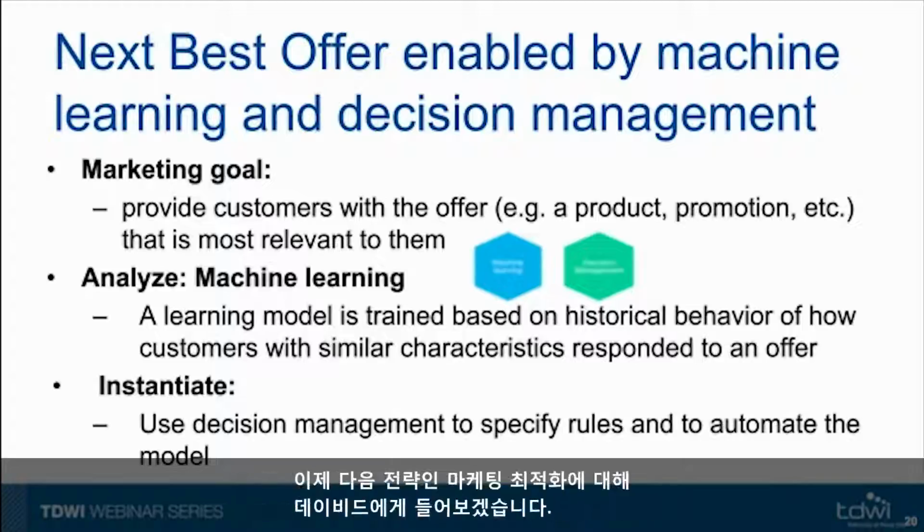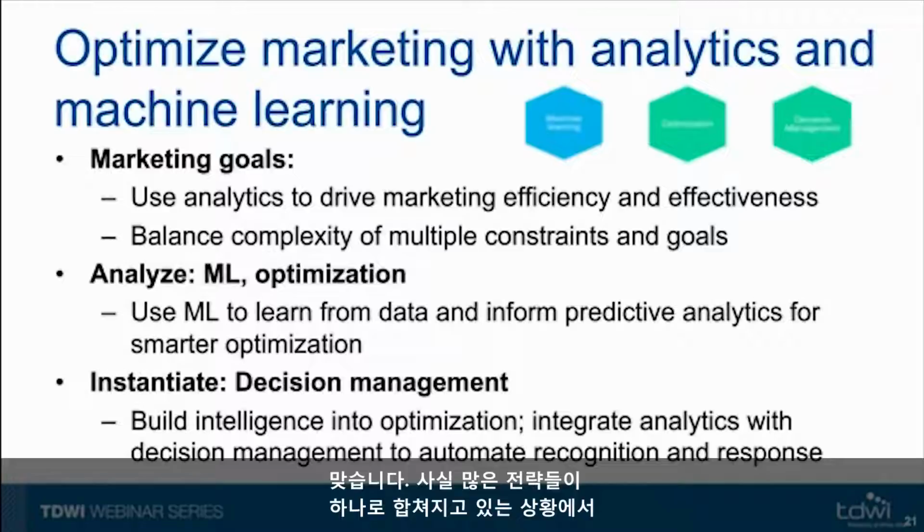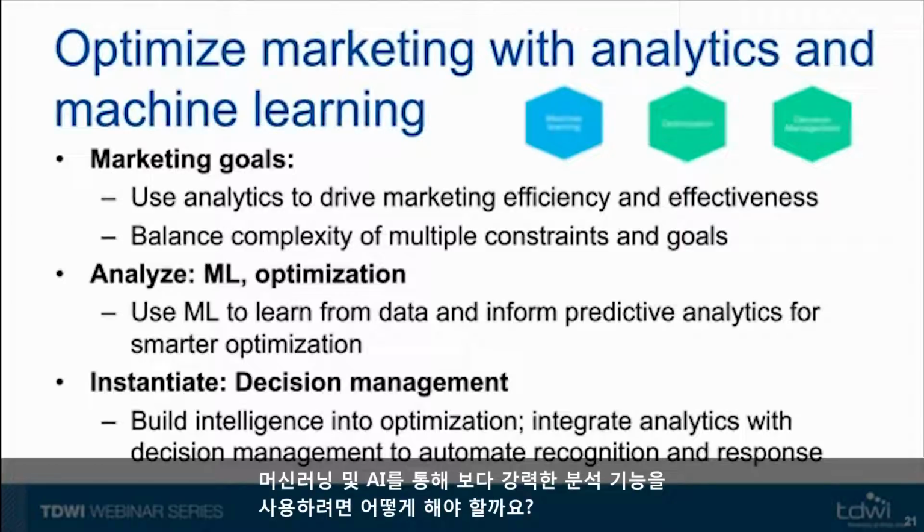So Dave, you're going to talk about the next strategy about optimizing marketing. Right. A lot of this comes together, the idea of how you improve your marketing, use analytics effectively, use more powerful analytics with machine learning and AI.